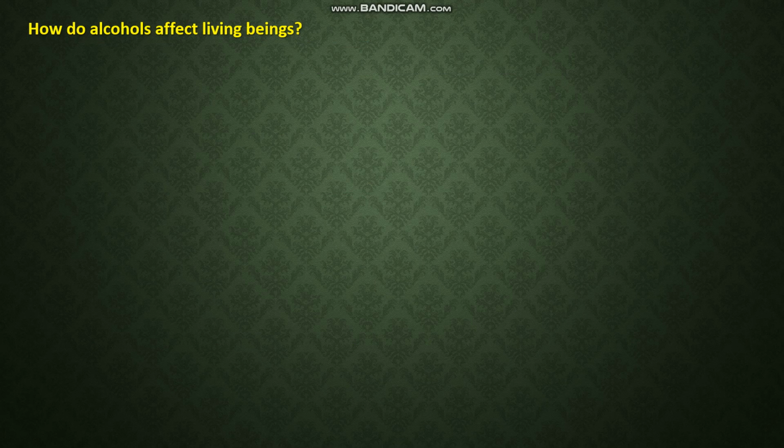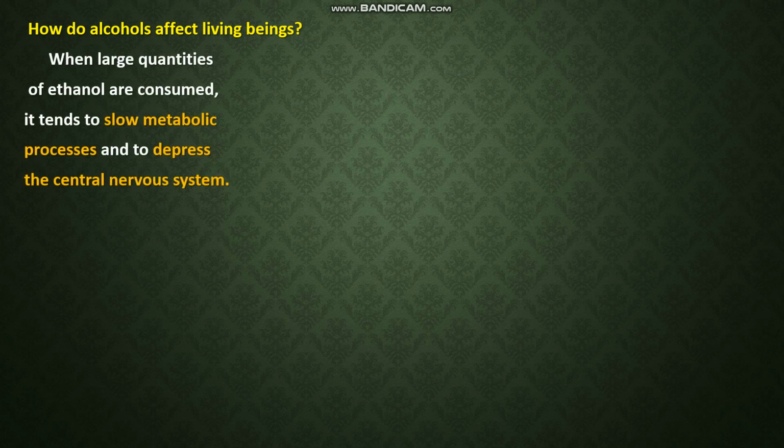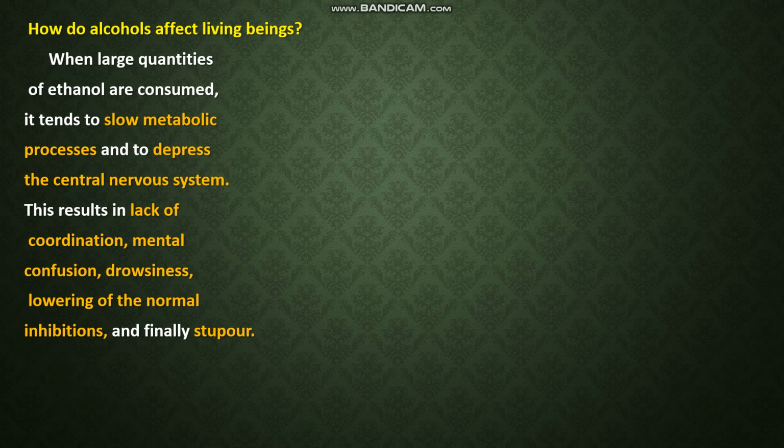Next, we are going to learn how alcohols affect living beings. When large quantities of ethanol are consumed, it tends to slow metabolic processes and to depress the central nervous system. This results in lack of coordination, mental confusion, drowsiness, lowering of the normal inhibitions, and finally stupor.